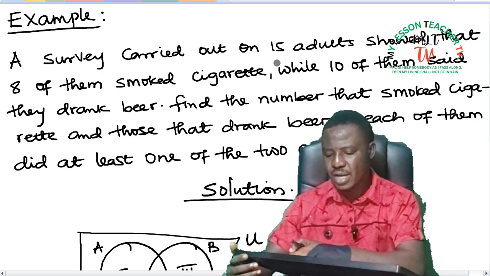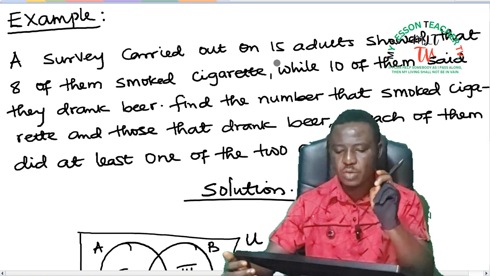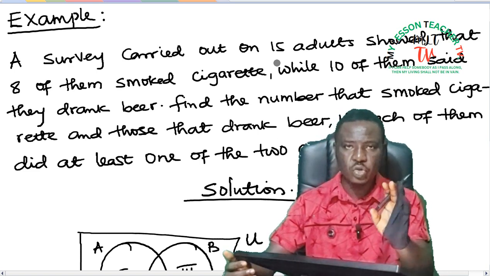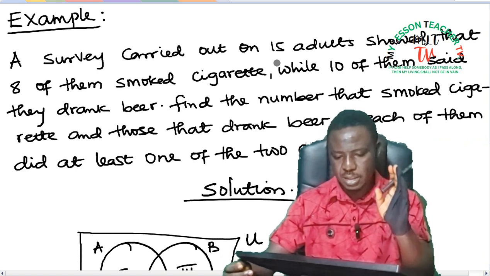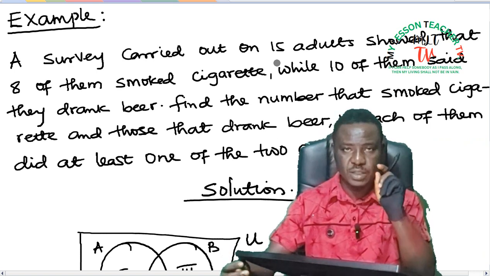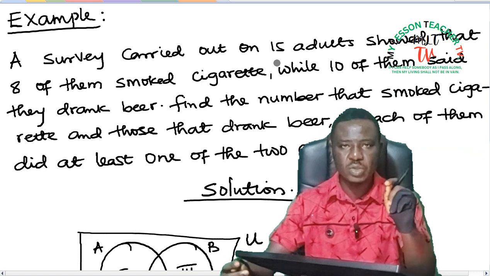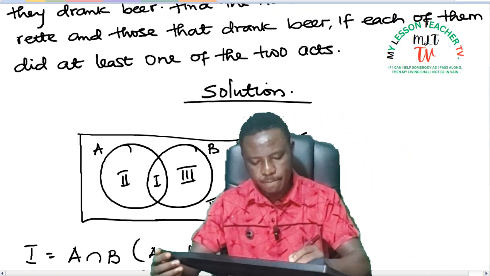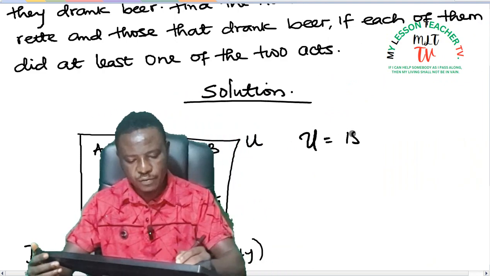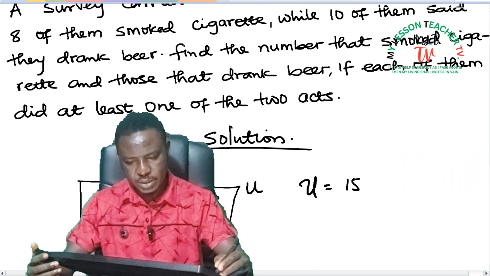That shows you that the total number of persons that the survey was carried out on is 15. That indicates the universal set when it comes to set notation. So the universal set is equal to 15. That's 15 persons.